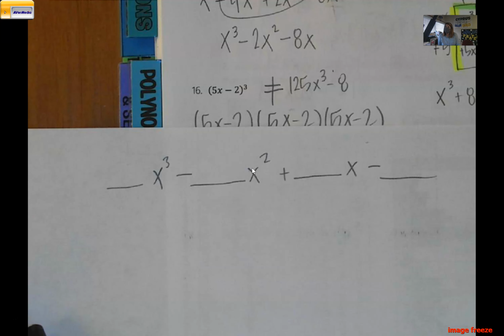So see if you know what goes in those blanks. We got about 30. $20. 10.